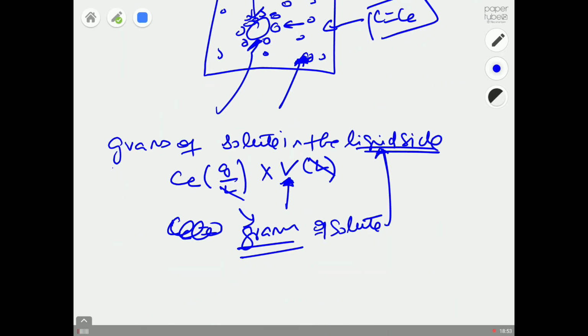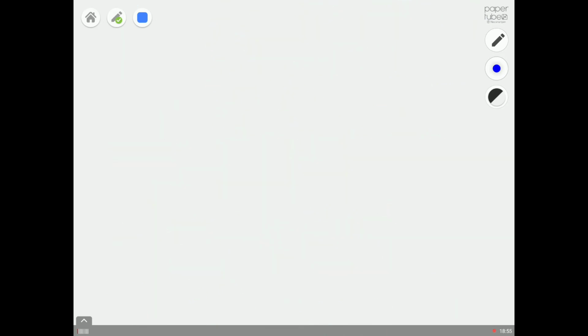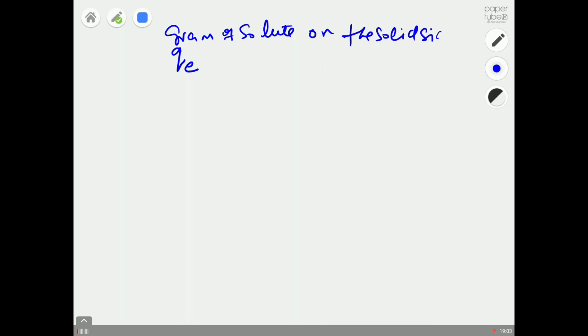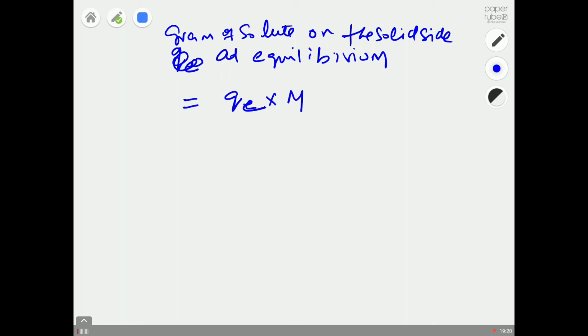So coming back to here, grams of solute on the solid side at equilibrium should be equal to QE multiplied by the mass of adsorbent.